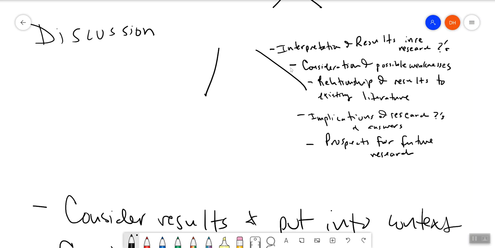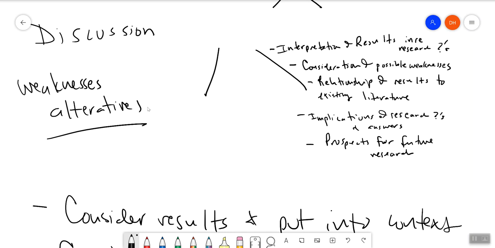The next thing it wants to do is to give consideration of possible weaknesses. Now this is something that as you're doing your research project, you will encounter, okay? Weaknesses could be alternatives, okay? Alternative research questions, alternative things that you left out, things that you overlooked, okay?